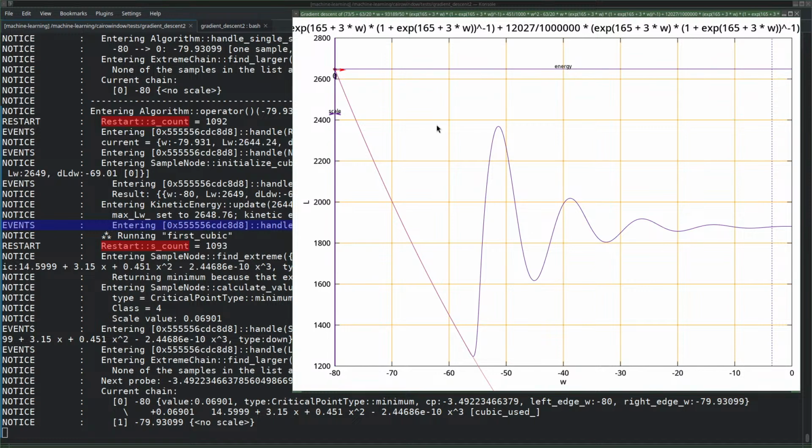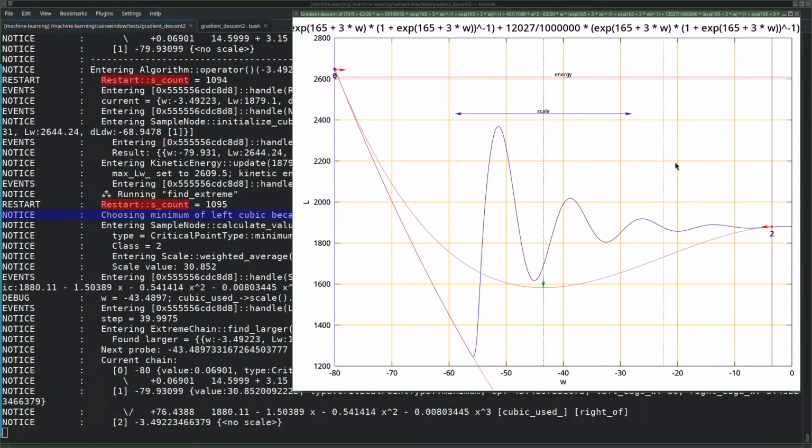So now I have two samples here incredibly close together, which then fits this parabola, which has a minimum, I don't know where, oh here, the dotted line. So we jump here. No.